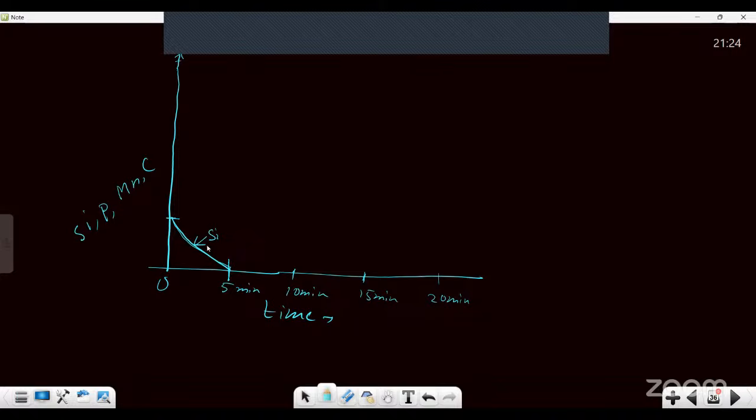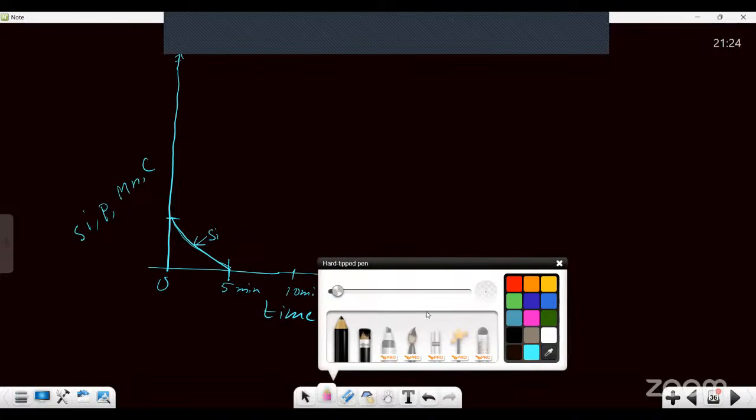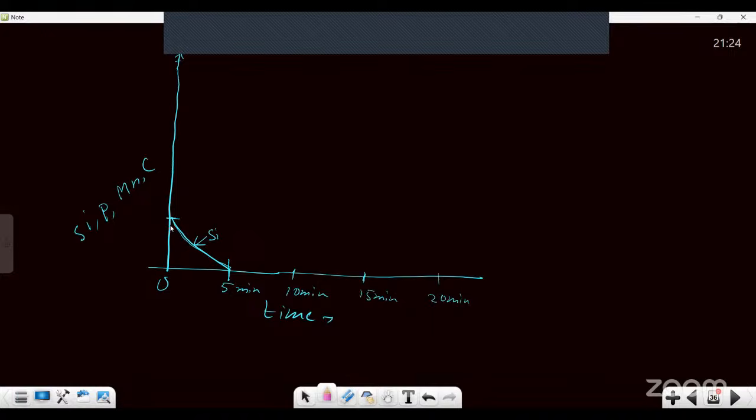Most important, silicon will oxidize first. Then manganese oxidation is going to start, but it will take time. Manganese oxidation, maybe I am showing in pink color. The slope is comparatively slower compared to silicon. Something like this is our manganese.